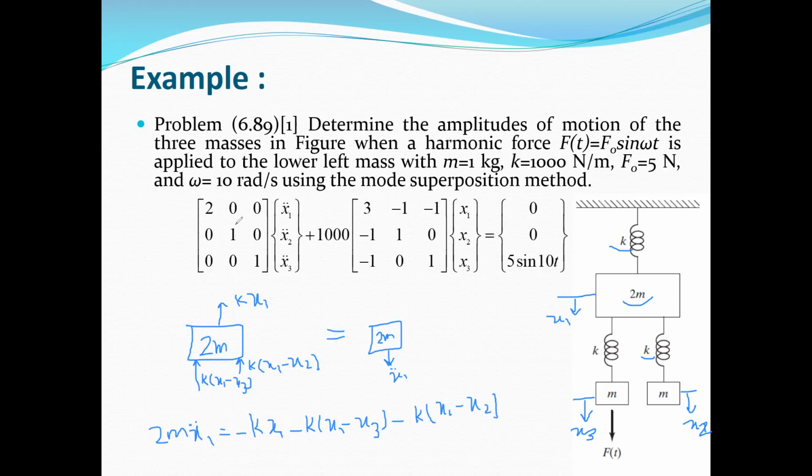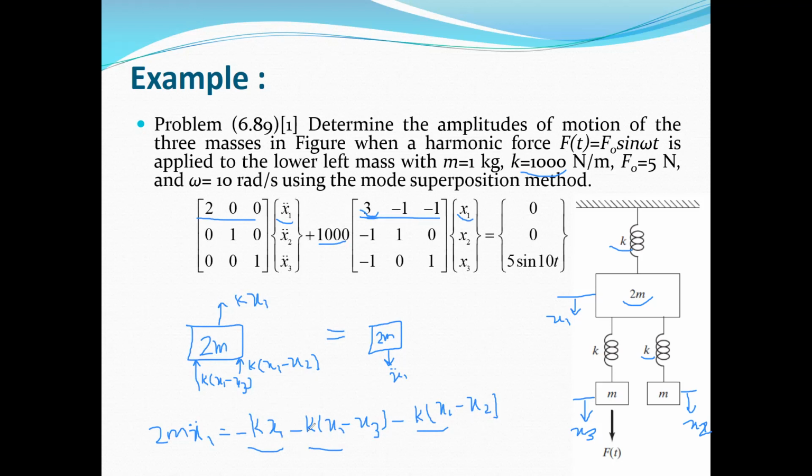So if you simplify, you can extract the first equation, which is the first row of this matrix: 2 times x1 double dot. The x2 double dot and x3 double dot will not appear in this equation. We have 3 times x1. As you can see, we will have kx1, kx1, and another kx1, so it will be 3 times k times x1. k is equal to 1000, so it will be 3 times 1000 multiplied by x1.